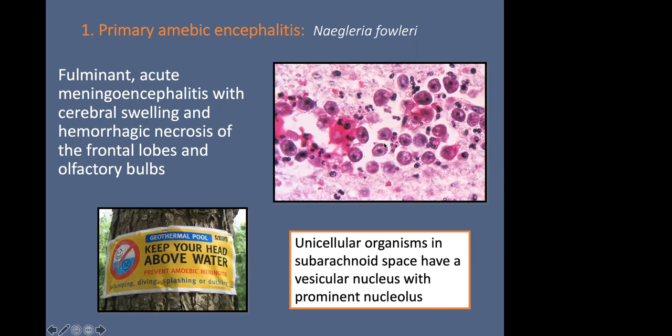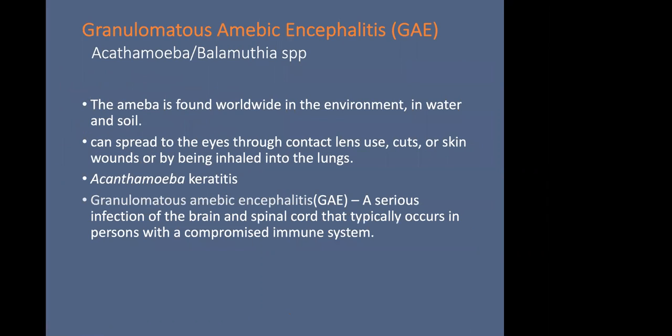Free-living amoeba are 15 to 20 micron, the Naegleria, and they look like macrophages, but the difference is they do have a very prominent nucleus and central prominent nucleolus. And with these and the large size of them, it can be diagnosed rather easily.